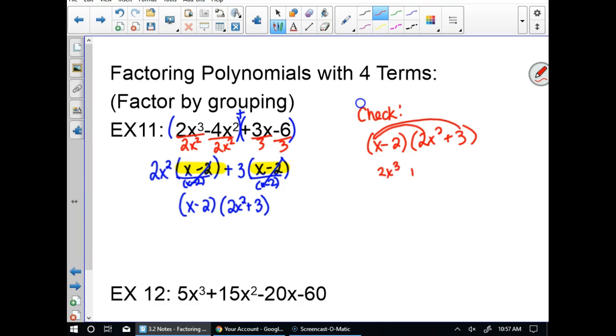Outers give me plus 3x. Inners give me negative 4x squared. And last, I'll get negative 6. If you write those in order, you've got 2x to the third minus 4x squared plus 3x minus 6, which is what you started with.